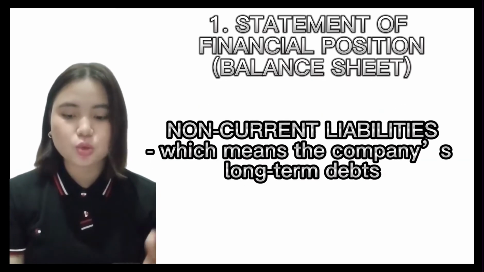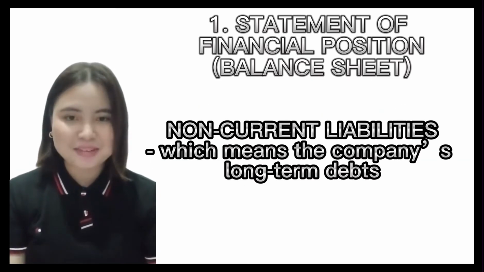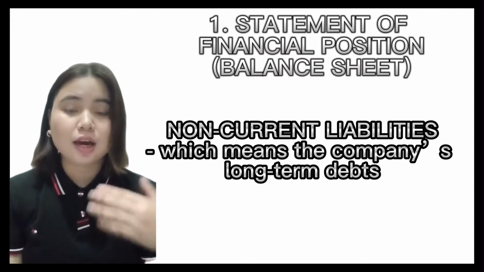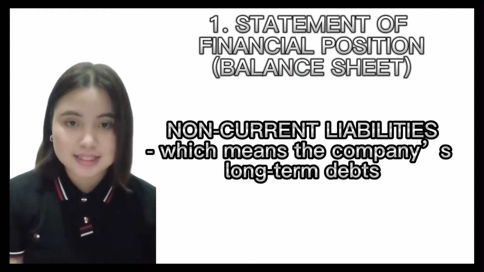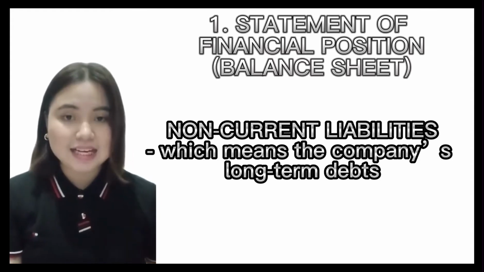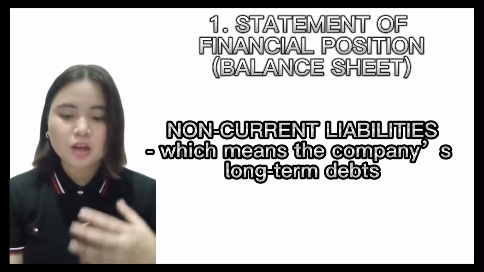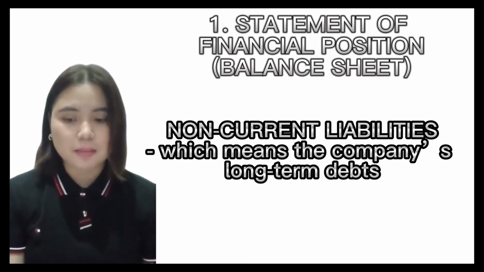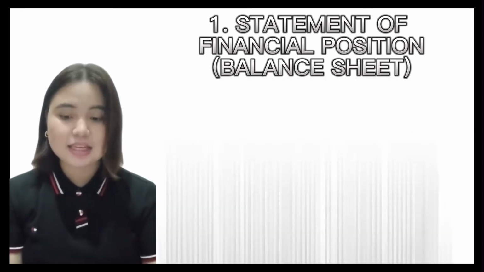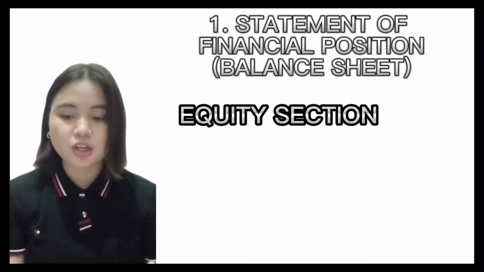Next naman po is yung non-current liabilities, which means the company's long-term debts. Yung mga pangmatagalan na utang ng kumpanya. Example po nito is yung loans contracted in the bank. Then, lastly is yung equity section.